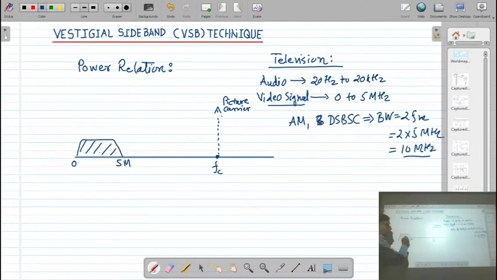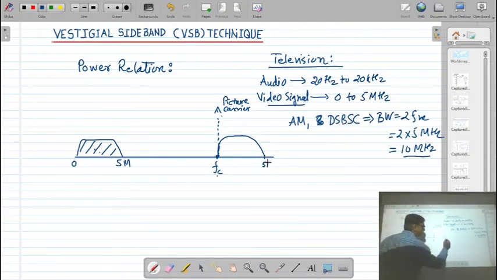Now this modulating video signal is going to produce two sidebands, and one of the sidebands is like this. Here, if we consider Fc as 0, then this is going to be 5 megahertz. And it is also going to produce a lower sideband, so this is also 5 megahertz.